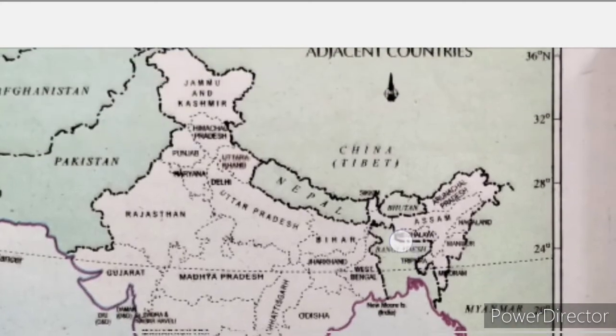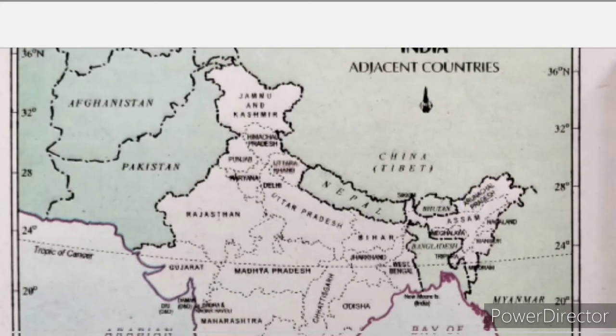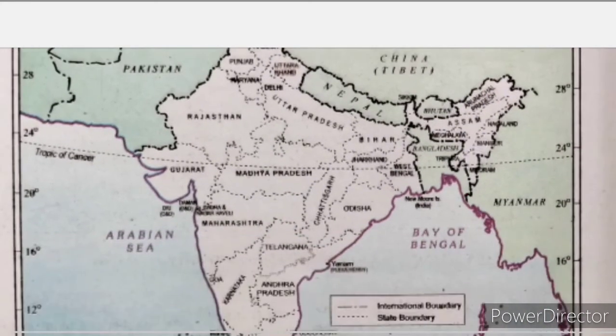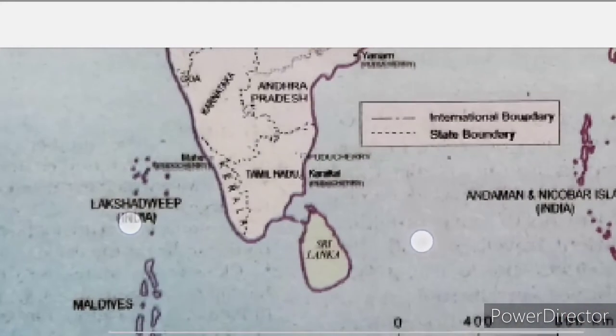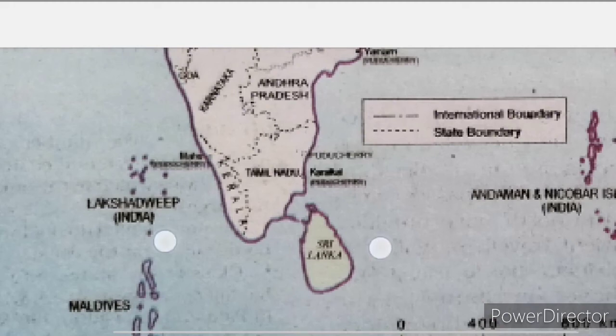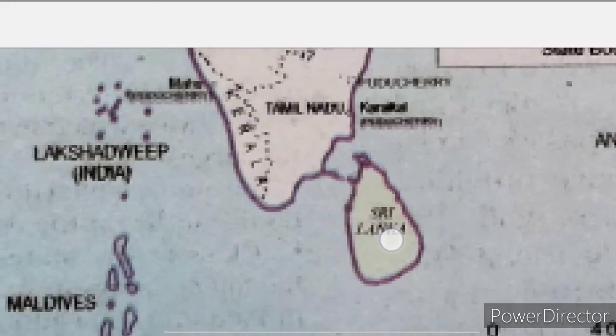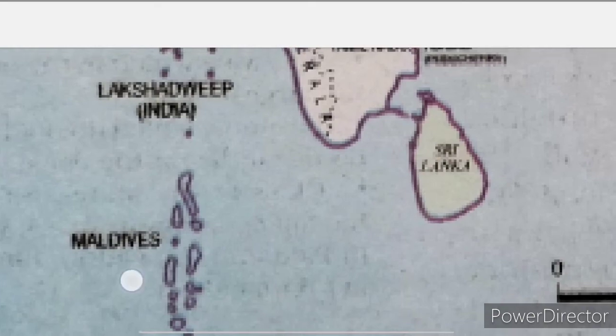These countries share land borders, and two other countries share sea boundaries with India: one is Sri Lanka and the second is Maldives.